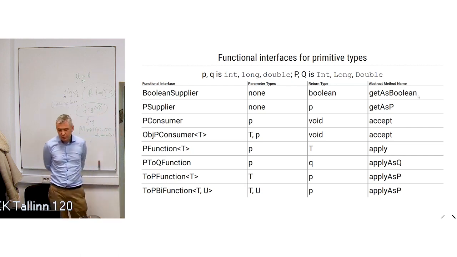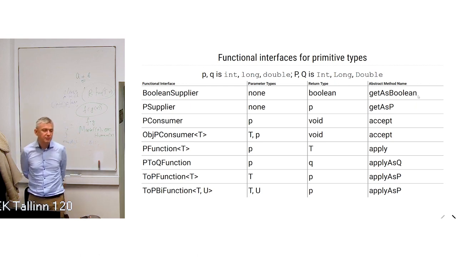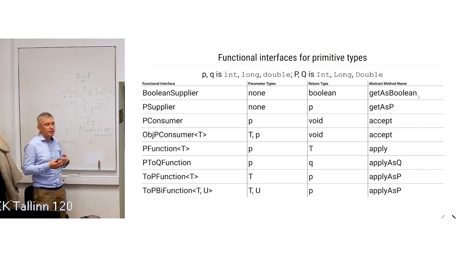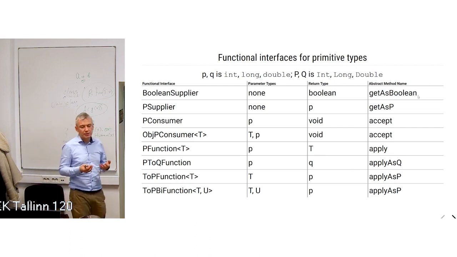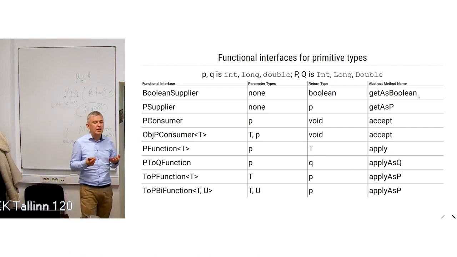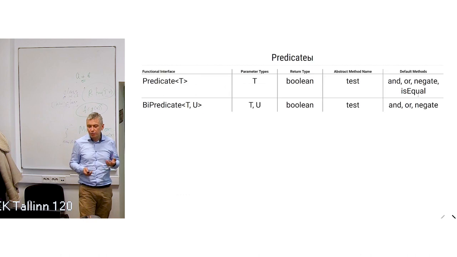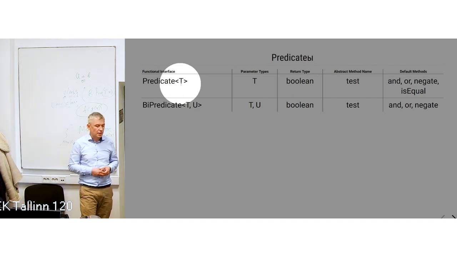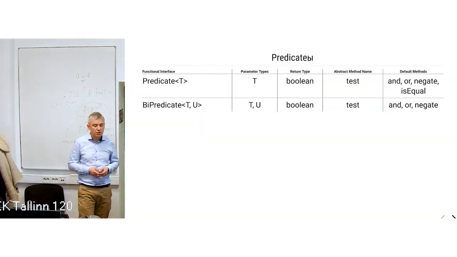We also have functional interfaces for primitive types. There are lots of them because of the limitation that I explained to you in the previous class. In Java, we cannot utilize primitive types as type parameters. So unfortunately, I cannot write Predicate of int here. This must be Integer.